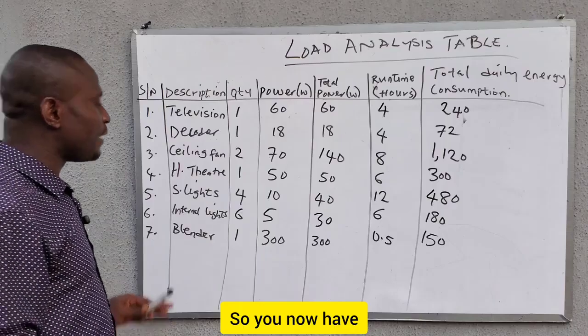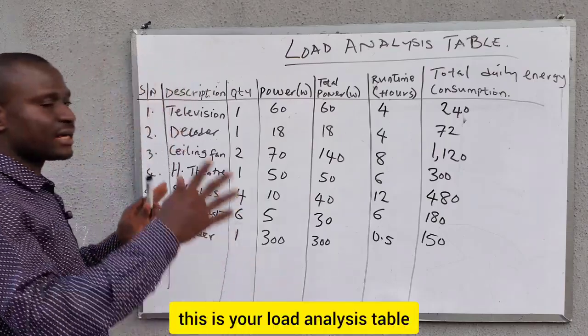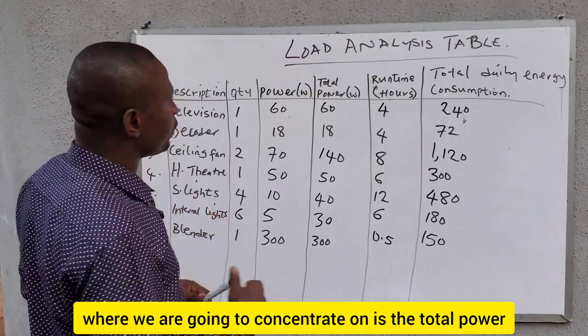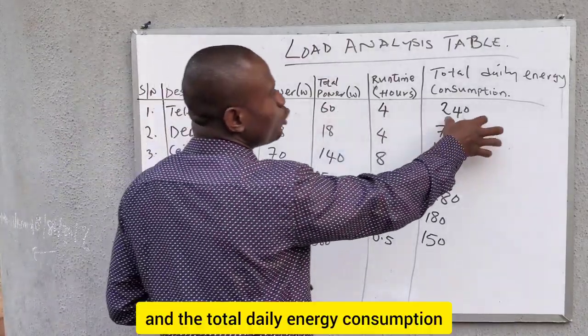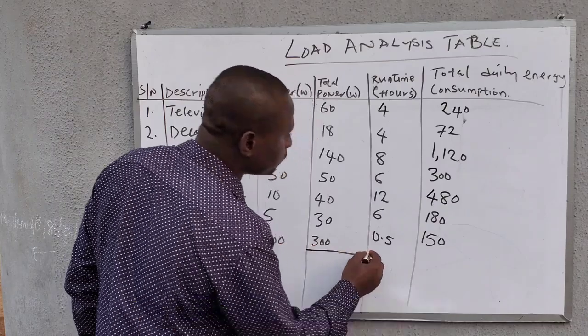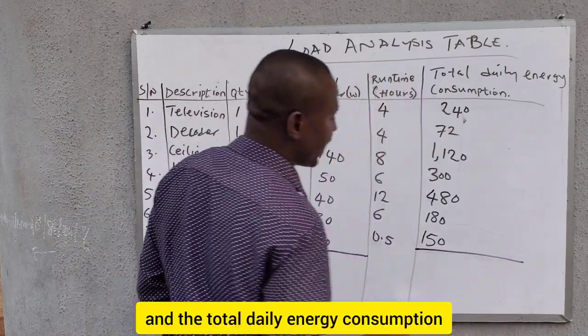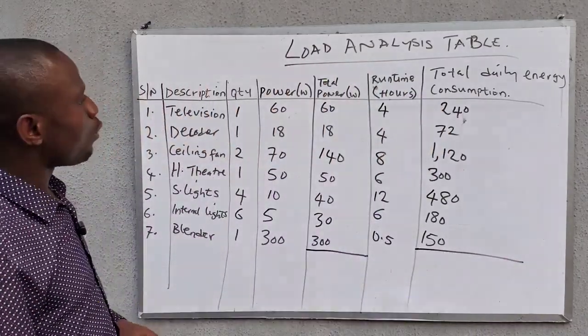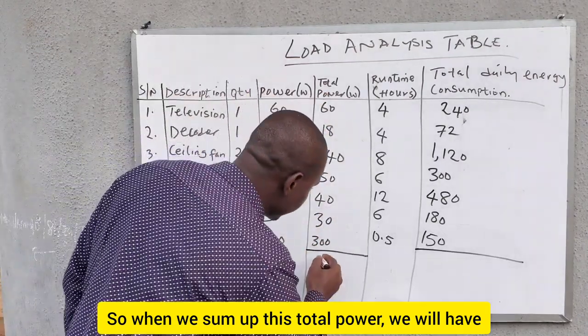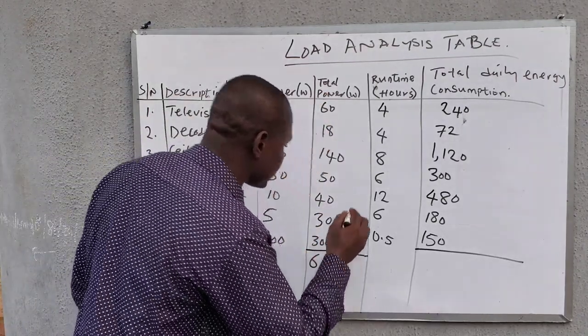So you now have your load analysis table. From this table, what we are going to concentrate on is the total power and the total daily energy consumption. So we are going to sum them. When we sum up the total power, we will have 638 watts.